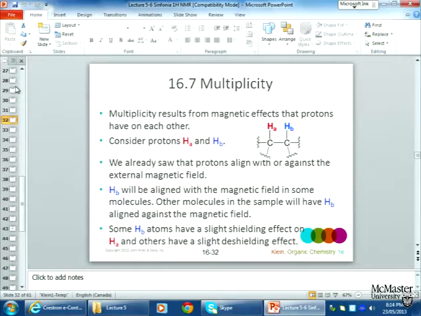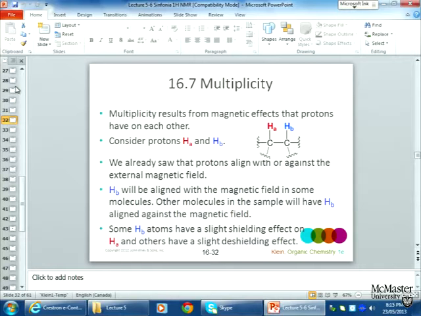We put nuclei that are spinning in a magnetic field, and they align with or opposed to the magnetic field, okay? And then the energy gap depends on the spin of the electrons that are surrounding the nucleus, the shielding, de-shielding effect. But now we see that the actual magnetic field felt at nucleus HA also depends to some extent on the spin state of HB.